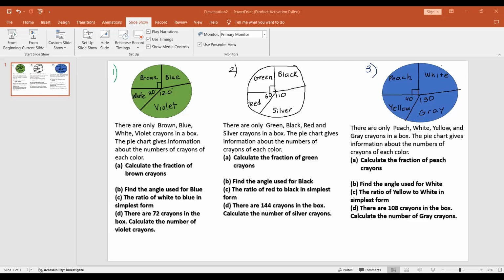Where's Michael? And Kemar, what number are you on? 2A. 2A. Kiajane, what number are you on?